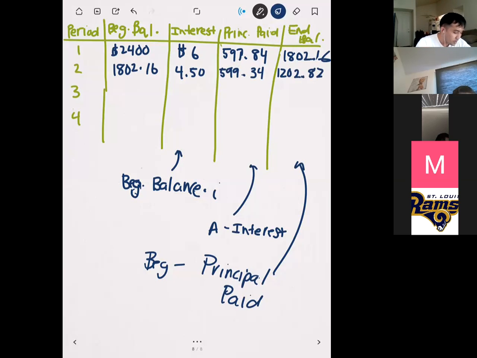From this, I'm just going to keep continuing on and fill out the table.